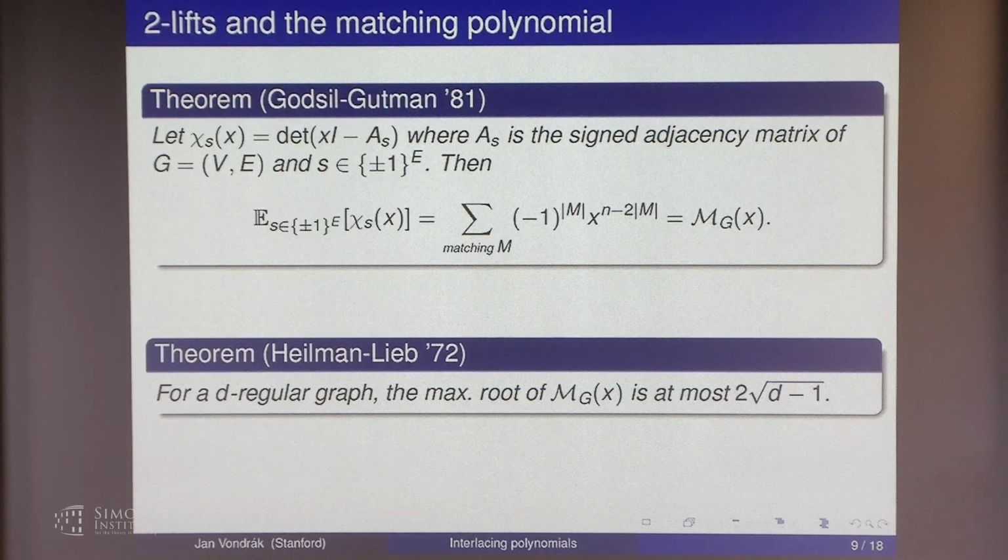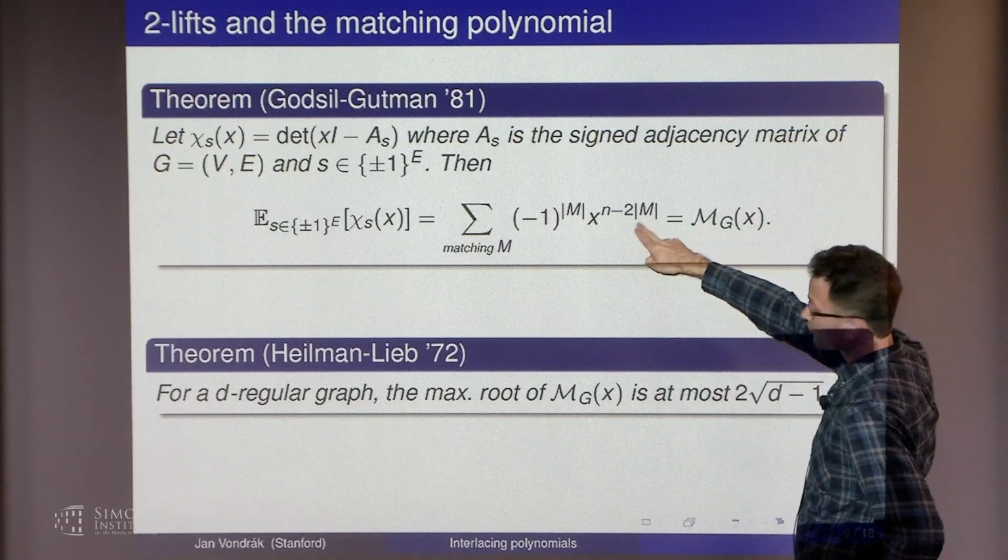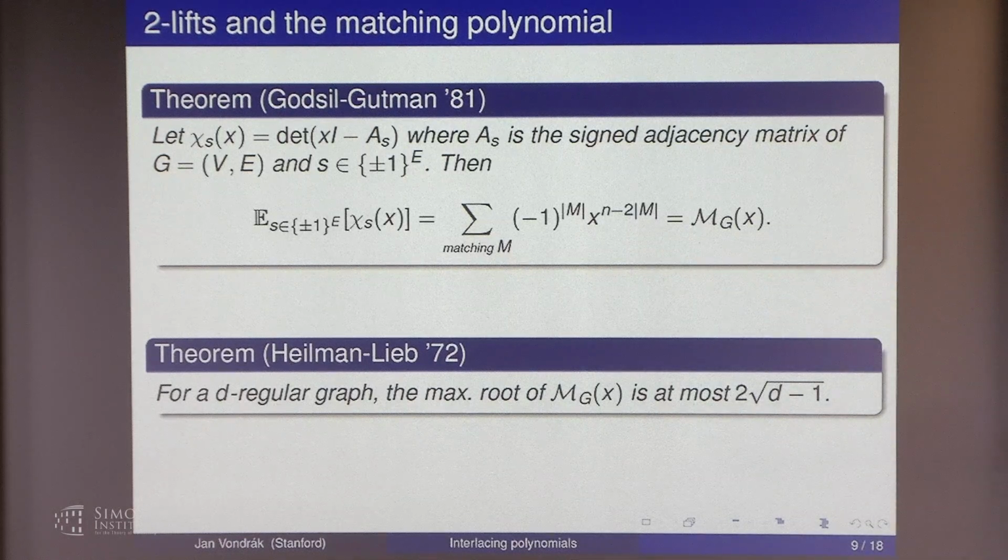If we have m edges, we have 2 to the m possible signings of the edges, and the characteristic polynomial depends on the signing. So let's take the expected characteristic polynomial over these random signings. This theorem says that that happens to be exactly the matching polynomial that we talked about earlier. So that's interesting. It's actually the matching defect polynomial, which I defined earlier. But that's nice.